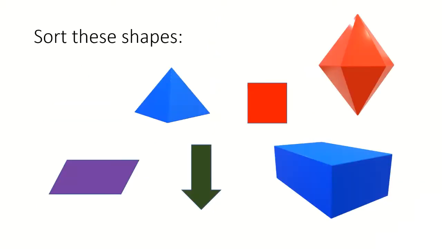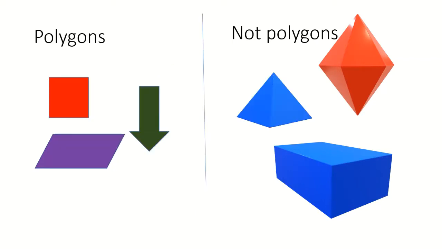Here we have some more shapes to sort out and have a think about what types of shapes they are and how you would sort them into two groups. And here is a way that I've done it. And again, I've got polygons and not polygons.